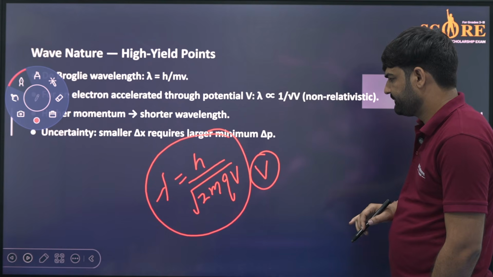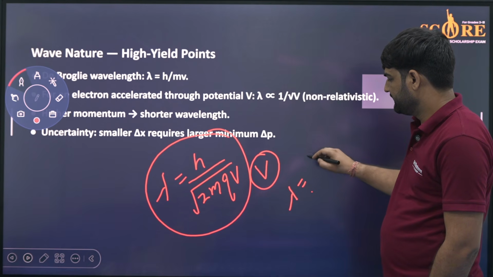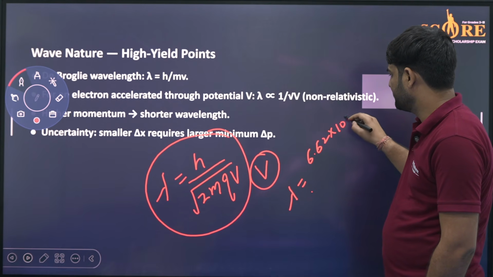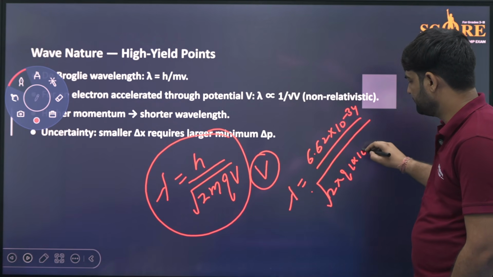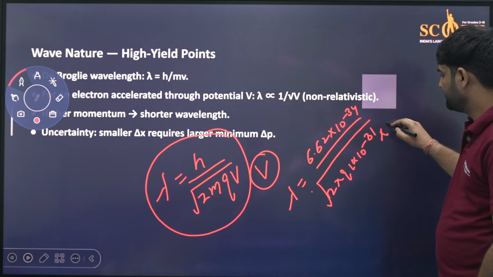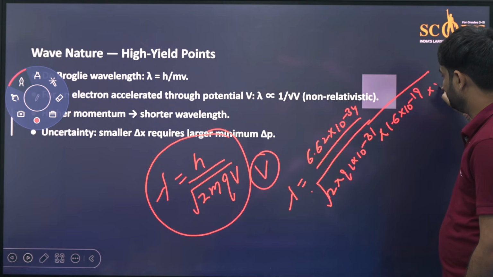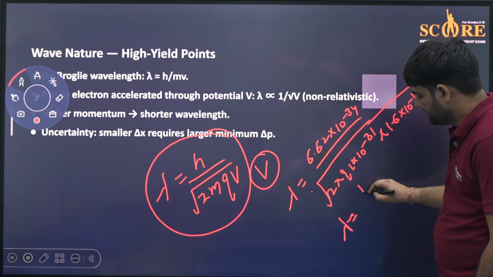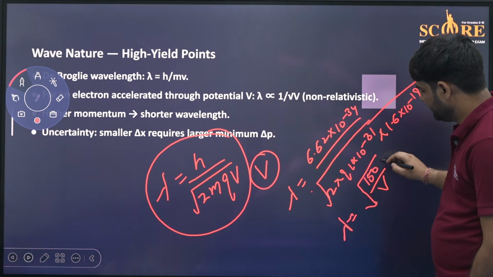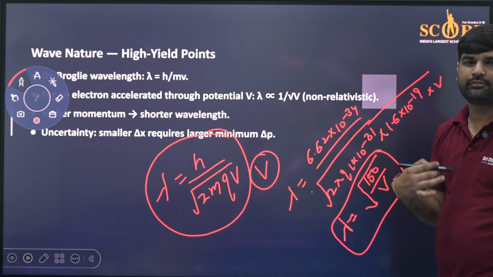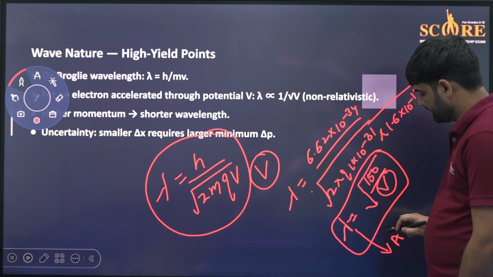When we are talking about electron, then h is 6.62 multiplied by 10 raised to power minus 34, mass is 9.1 multiplied by 10 raised to power minus 31 kg, charge of electron is 1.6 multiplied by 10 raised to power minus 19, and voltage will be V. Then you will find this relation 150 upon V, and if you are putting voltage in volt, then lambda will be in angstrom.